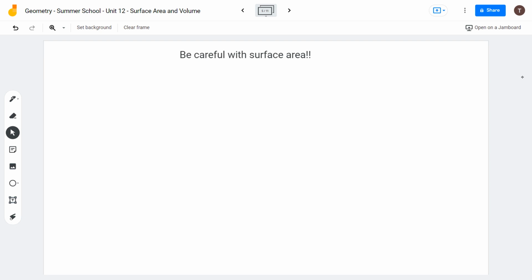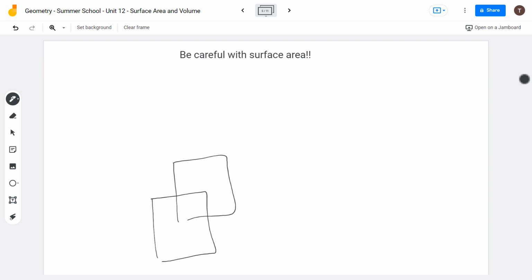Now you have to be very careful with surface area, because sometimes, like with the perimeter, we took some things out. Surface area may be the same thing. Now my drawings are very, very terrible here, but let's say I have a cube. It looks something like this, whatever. But then on top of that, maybe I have a cylinder of some type.